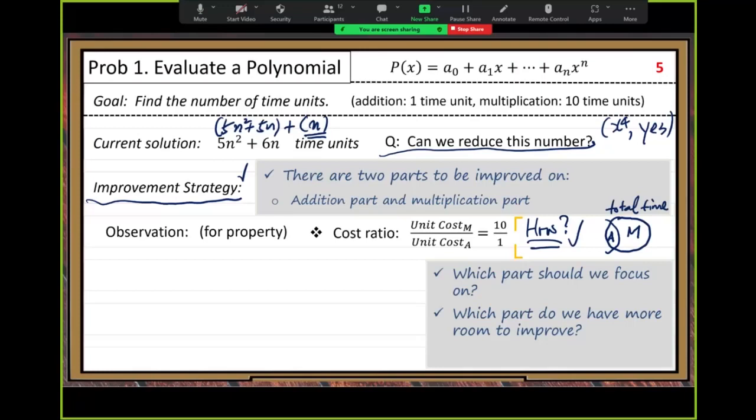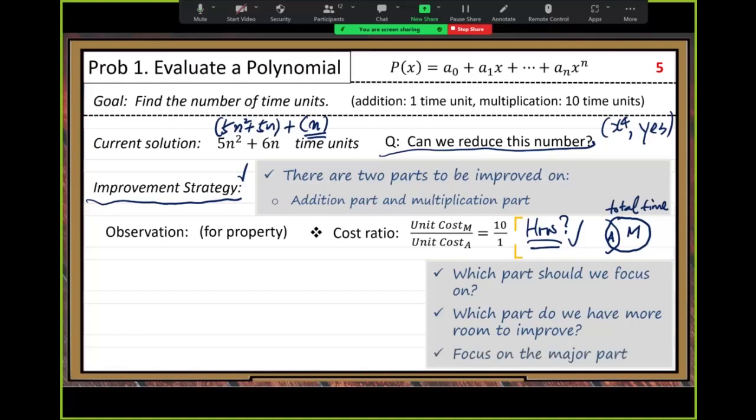So you have much larger room to improve multiplication. That's the straightforward intuition. The addition part is too little, so you do not have much room to improve it. With multiplication, almost 99-something percent of the execution time is spent there, so you have a lot of room to improve it.